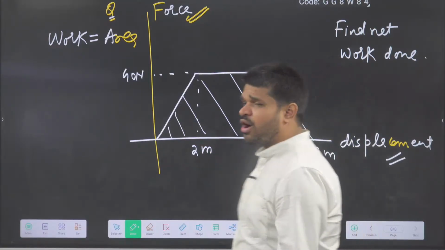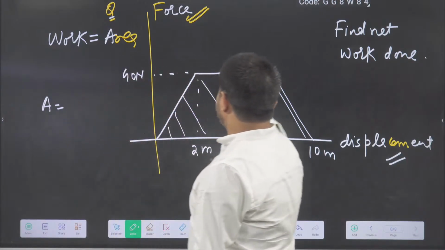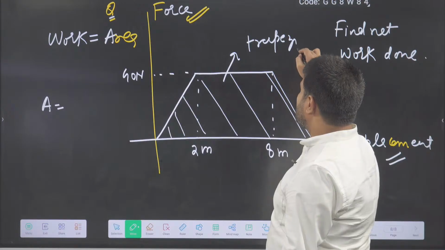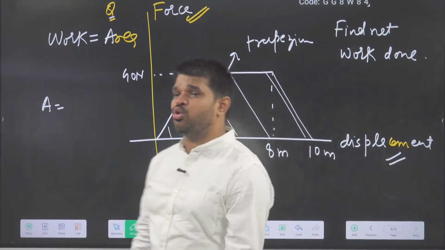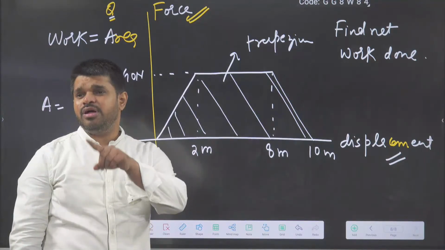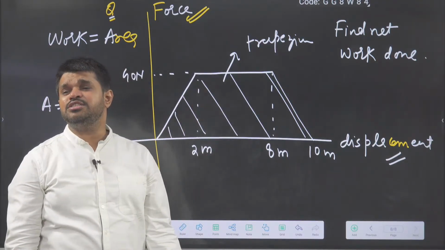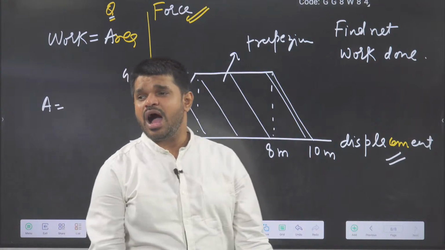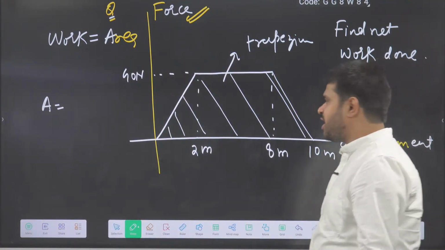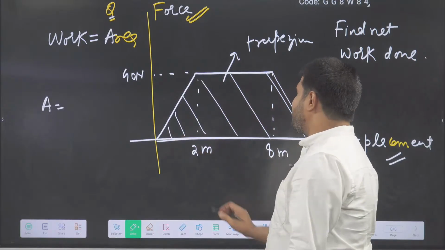Now, area is very simple. This shape is a trapezium, and yesterday I told you the formula for the area of a trapezium: half the sum of parallel sides into the distance between the parallel sides. This side length and this side length are parallel.